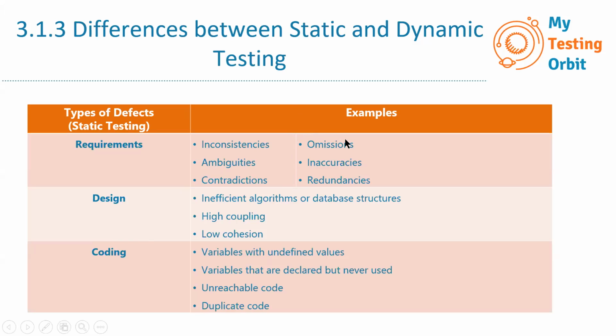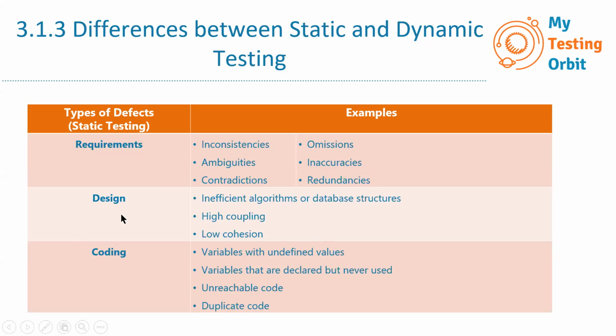Or omissions, where something was earlier in the requirements, but then it was taken out or excluded for some reason. Or any inaccuracies, or redundancies, like if there is any duplication of the same requirements. So these kinds of defects can be identified in static testing.